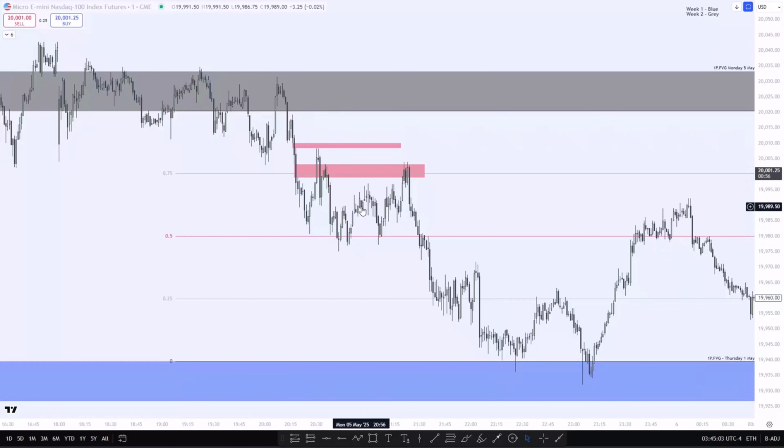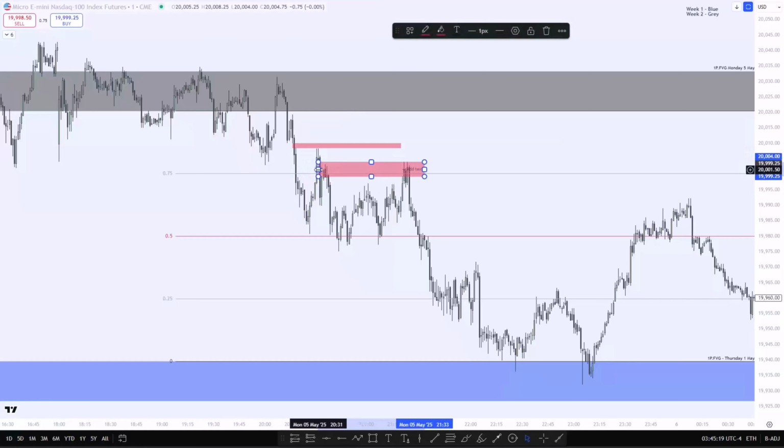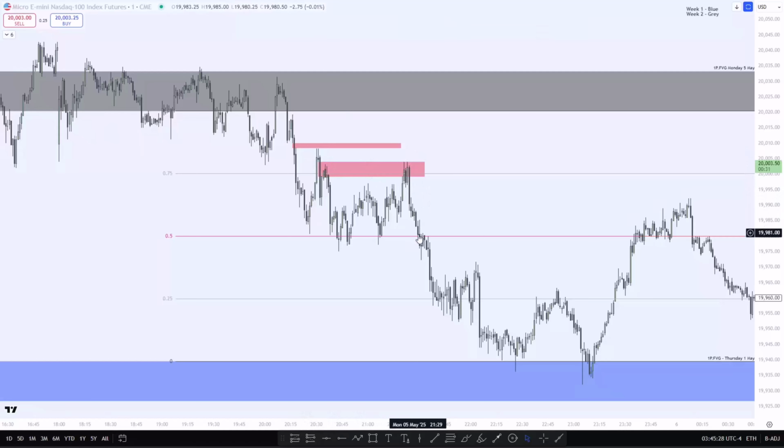Then we refer back to this CB, which formed above equilibrium, and eventually price even reaches higher into this area here, which is a few overlapping fair value gaps, but you can use the balanced price range, for example, or just the CB. That's where it's going. And then it melts down below equilibrium again.